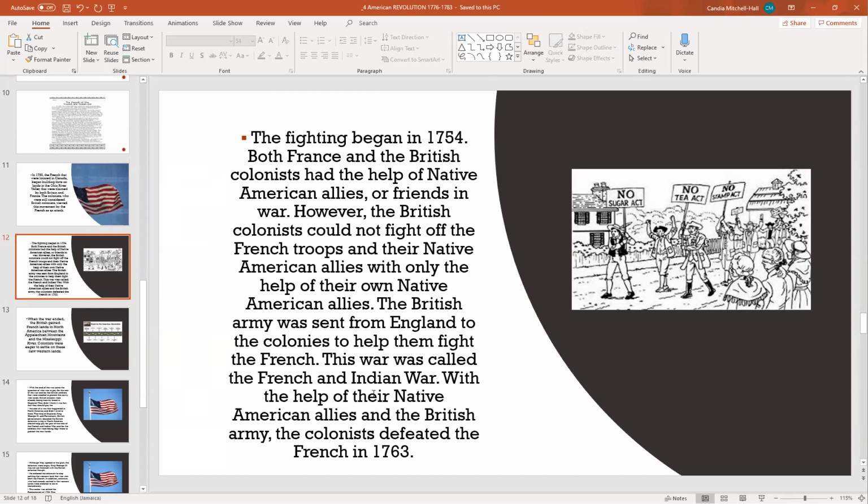So we know, as it says here, with the help of the Native American allies and the British Army, the colonists defeated the French. At first, you realize the Native Americans were playing both sides, because at first they were with the French, and then they changed to the British.